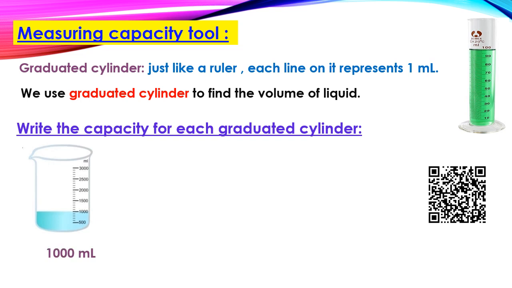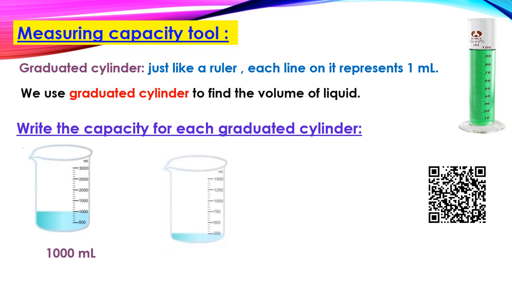Yes, 1000 milliliter. We wanted to know the difference between milliliter and millimeter. Milliliter is a unit for measuring capacity, but millimeter is a unit for measuring length.